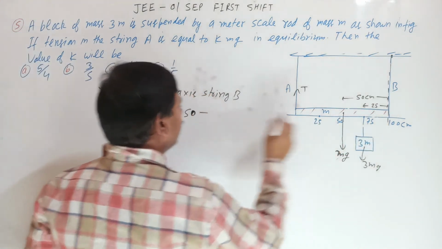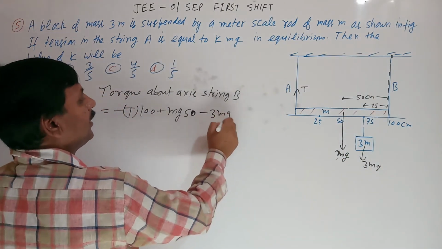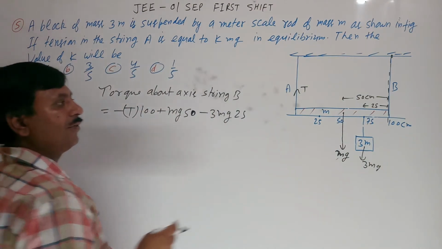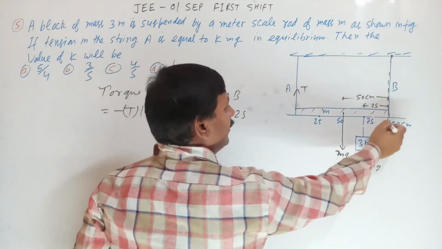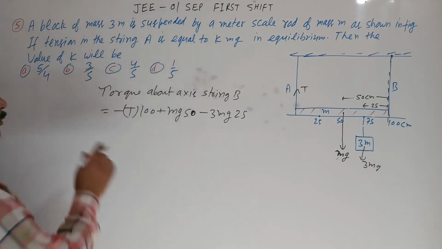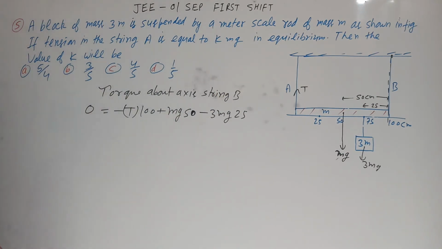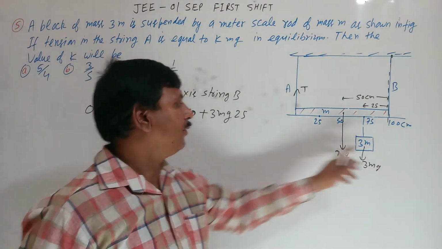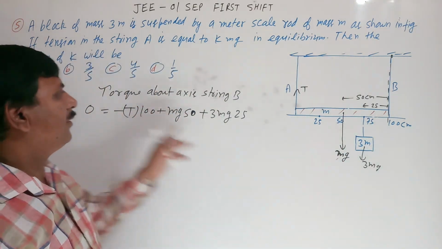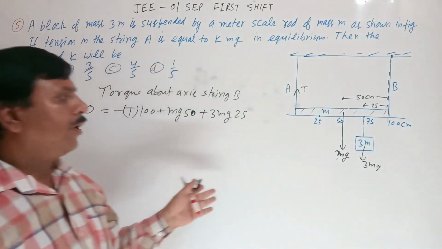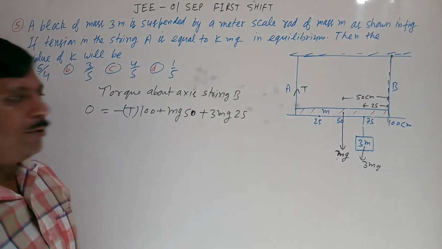Same way, anti-clockwise, 3mg into perpendicular distance 25. If it is in equilibrium, the total torque is equal to 0.